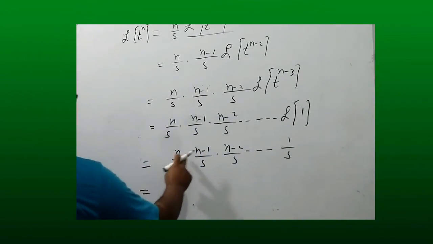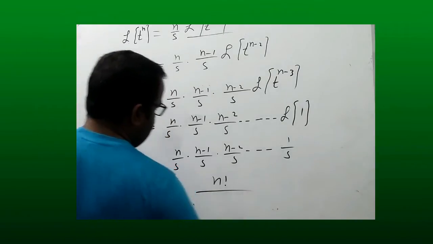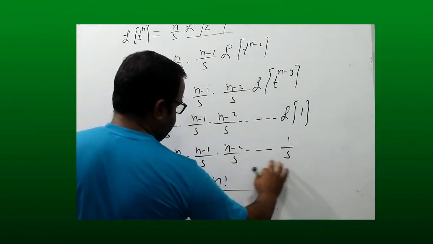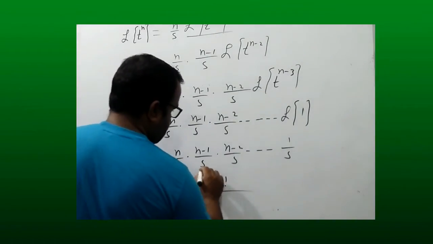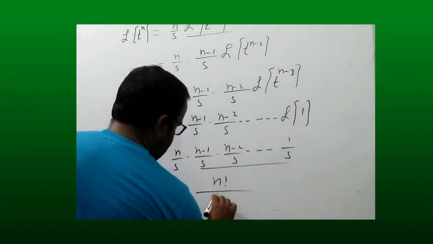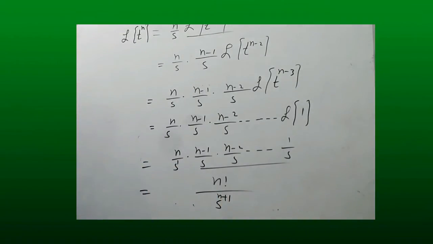So this product of n, n minus 1, n minus 2 and so on can be written as n factorial, and the power of s is n plus 1.